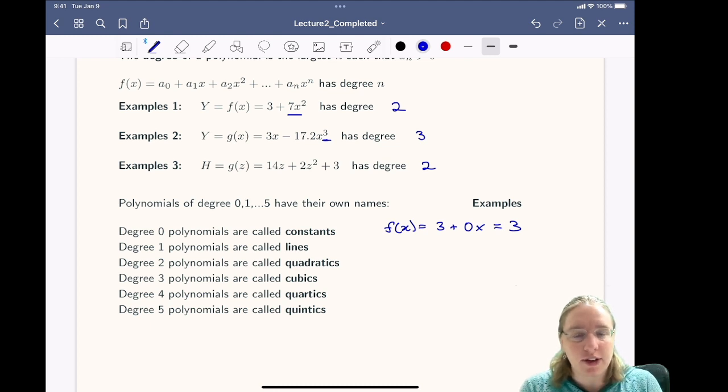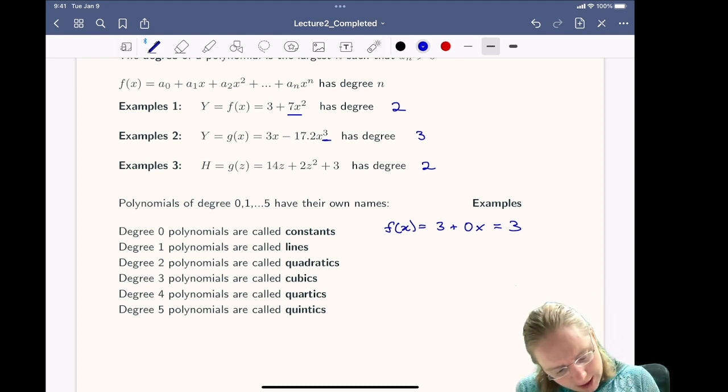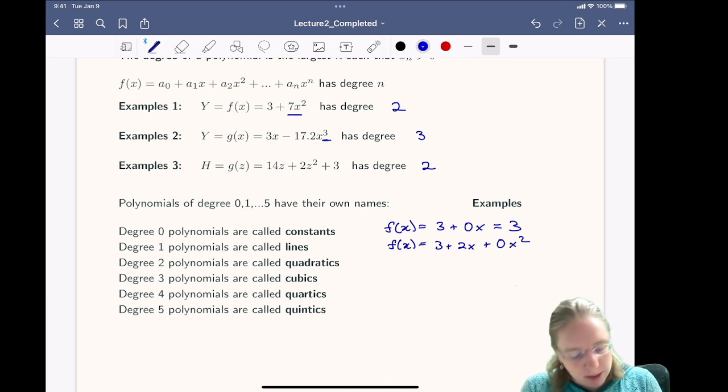So that is the definition of a constant. A line is a polynomial of degree 1, so we have 3 plus 2x, for example, but then we have 0x squared term.